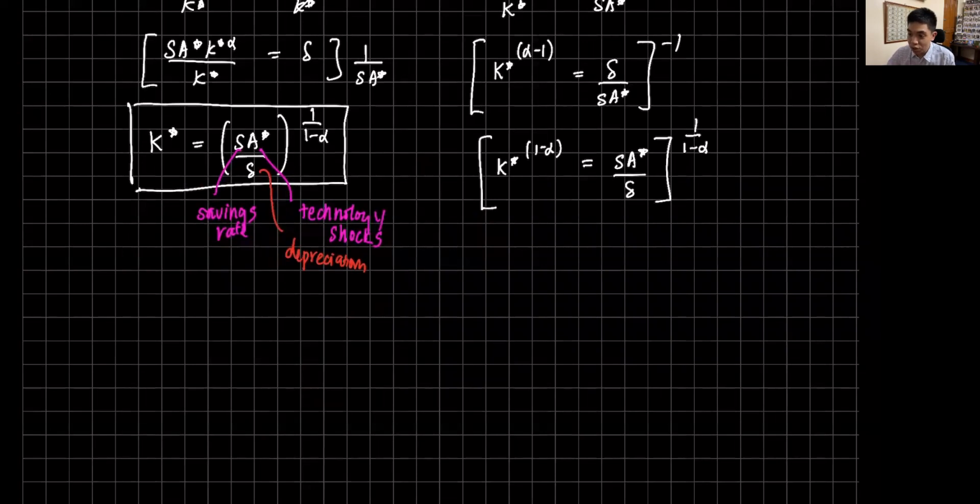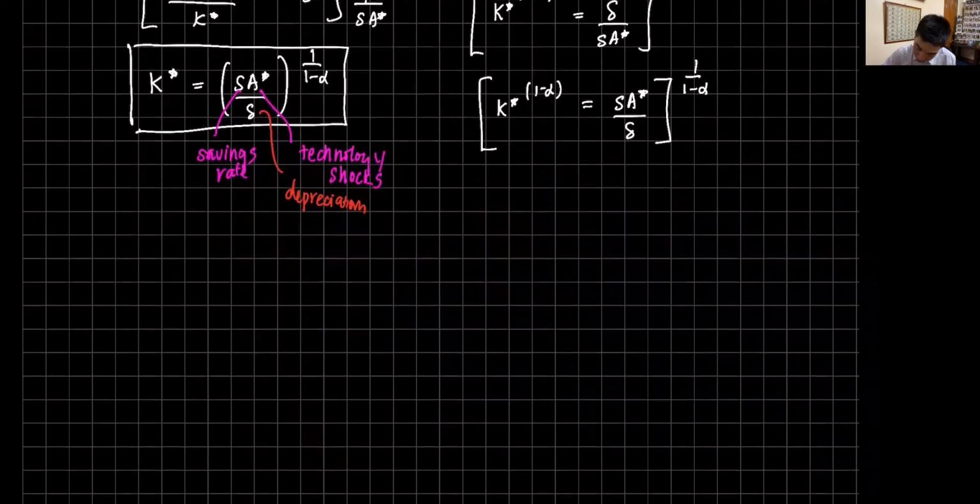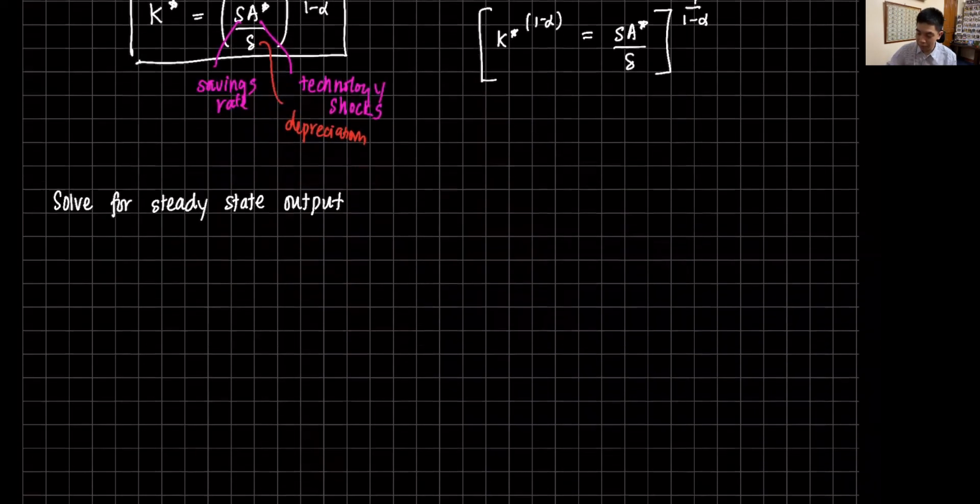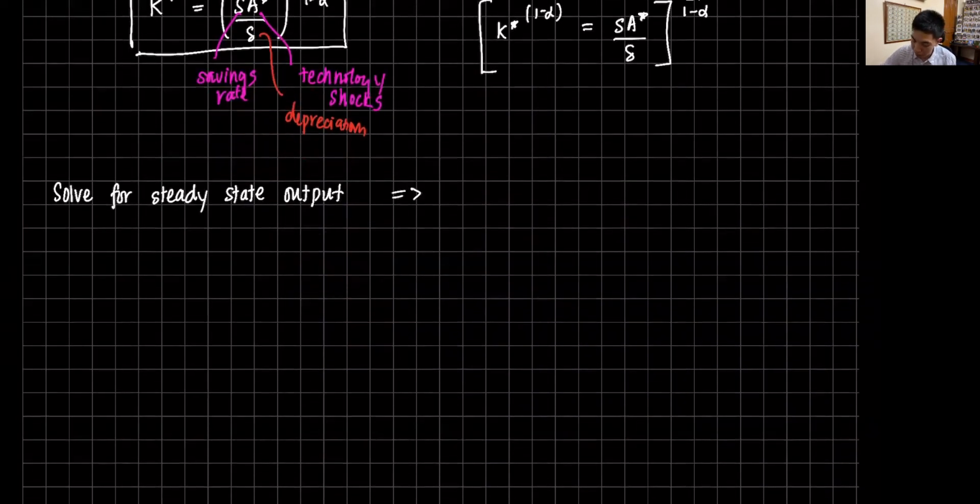Now we can just solve quite easily for steady state output. So let's now solve for steady state output, and the steady state output is quite simple. If you recall, our equation Yt is equal to At times Kt raised to alpha.